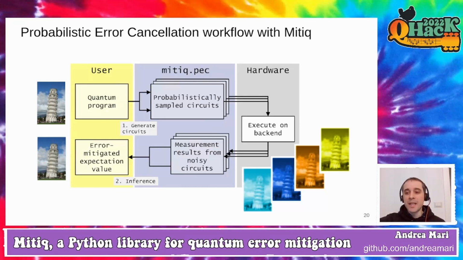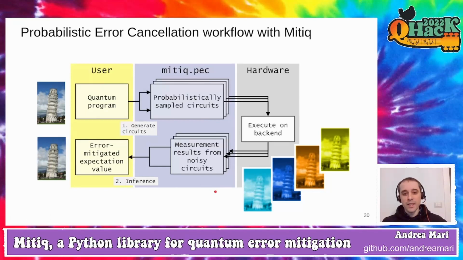But from a practical point of view, the workflow is very, very similar to what you have seen before. You get a circuit, you sample a series of circuits from this quasi-probability distribution. I cannot go into the details now, but it's a series of circuits such that their linear combination reproduces the ideal result.